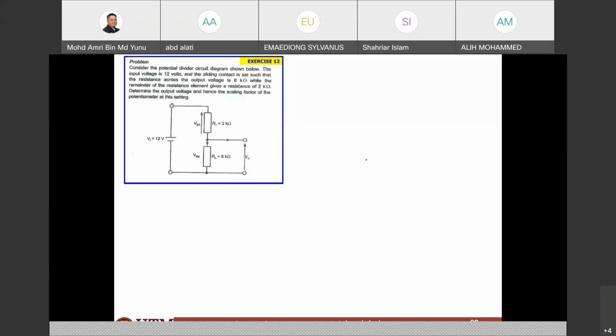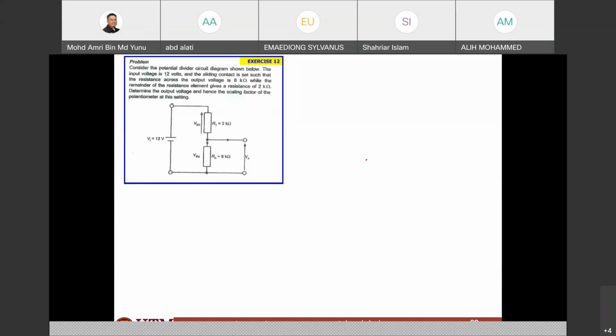Okay, so now this is a voltage potential divider circuit with the input of 12 volt, and the sliding contact is set such that the resistance across the output voltage is 8 kilo ohm, while the remainder of the resistance element gives a resistance of 2 kilo ohm.